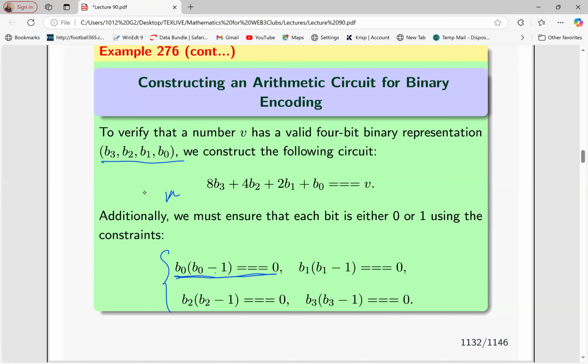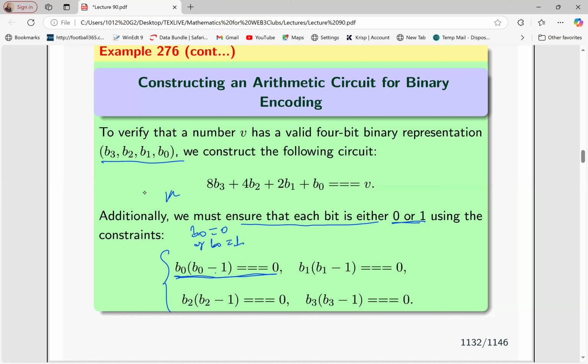This equation is satisfied only if B0 is 0 or B0 is 1. So that is why I've said we must ensure that each bit is 0 or 1.